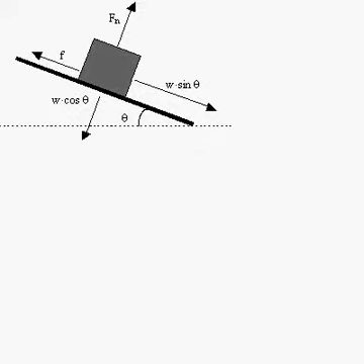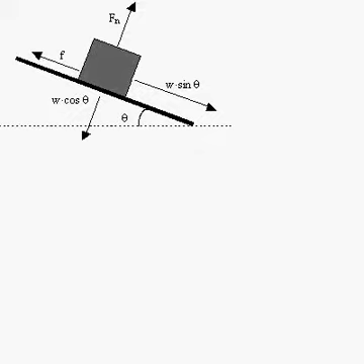It opposes the motion, and since the motion is going on parallel to the incline, it is also parallel to the incline, but it's pointed up the incline rather than down. There's also the normal force. The normal force is always perpendicular to the surface, so it's automatically perpendicular to the incline, and it's fighting W cosine theta to make sure that the box doesn't fall through the board.